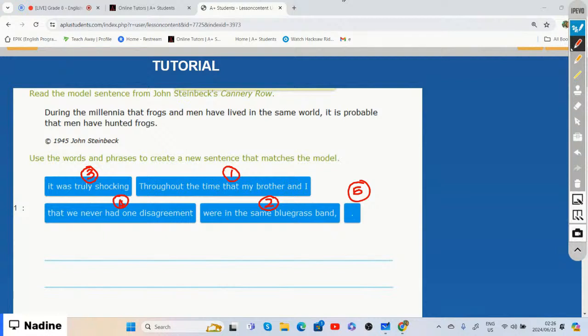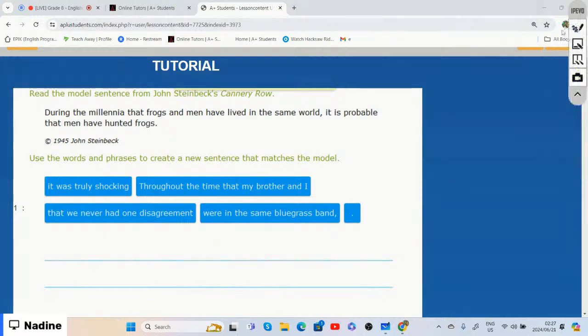And that is how we created a new sentence that matches the model, right? So that is our sentence. We started with throughout the time that my brother and I were in the same bluegrass band. It was truly shocking that we never had one disagreement. Right?